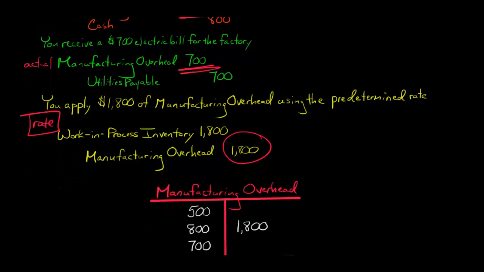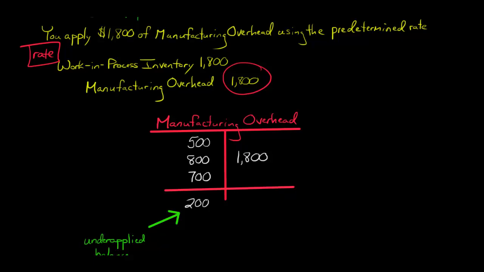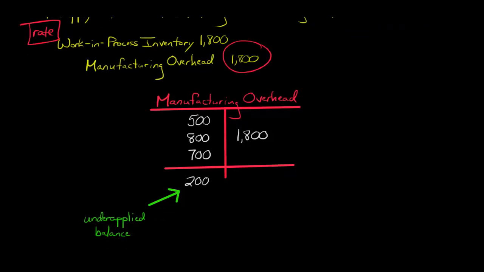And I'll make that a little more clear for you with a T account here. So if we think about all the debits and credits of it, we have 500 debit, 800 debit, 700 debit, but then there was a credit just for 1,800. So if you add this up, we basically have a debit balance as the ending balance of manufacturing overhead. What does this mean?